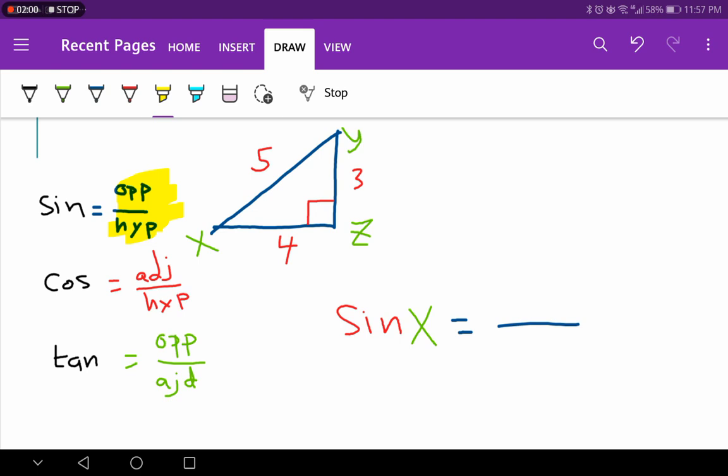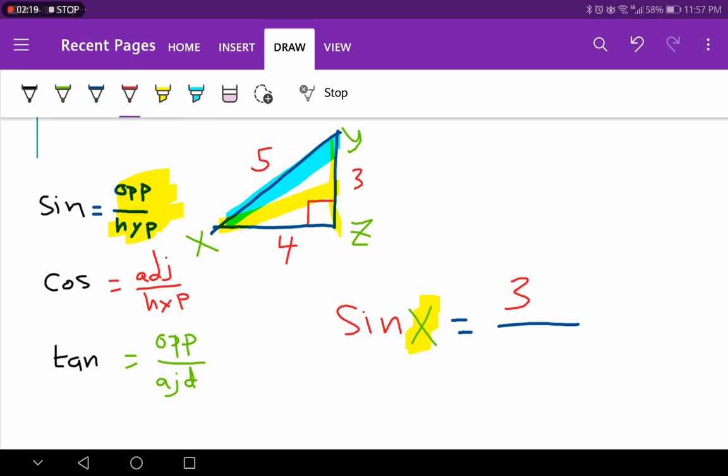By opposite I mean the opposite side for angle x, because he asked me about x. So the opposite is 3 and the hypotenuse is 5, which is the opposite of the right angle.